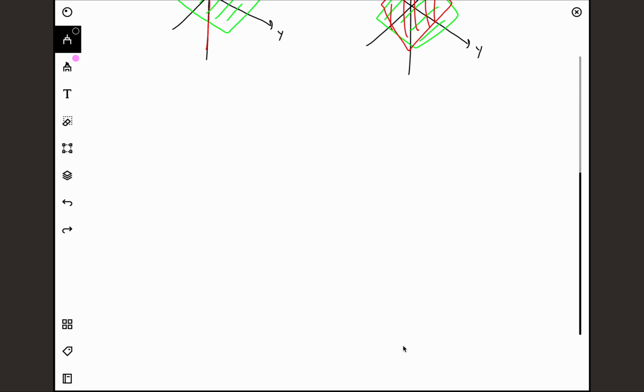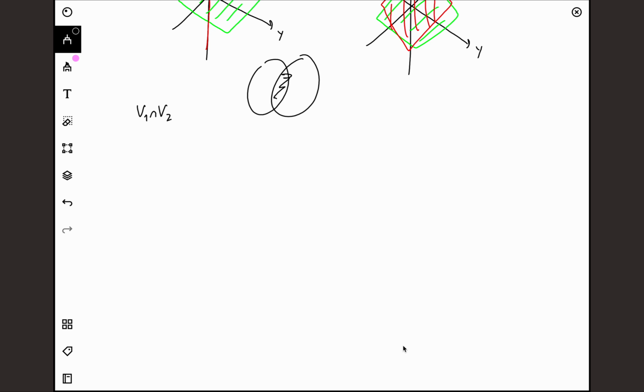Now, how do we actually prove this theorem? Because this is analysis-style linear algebra, we have to prove everything. Imagine we have two subspaces here, and this is their intersection.